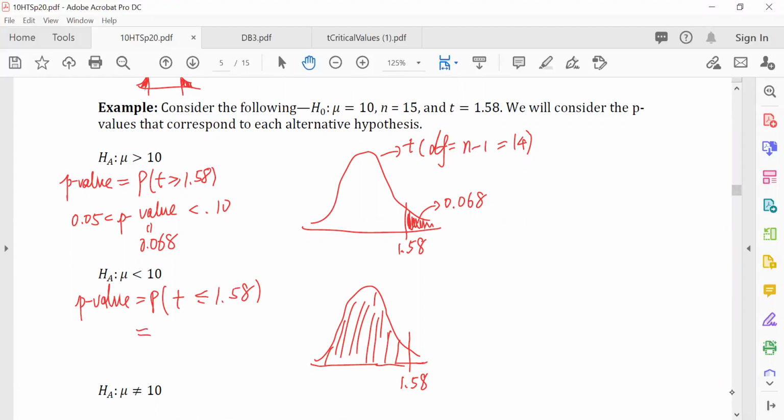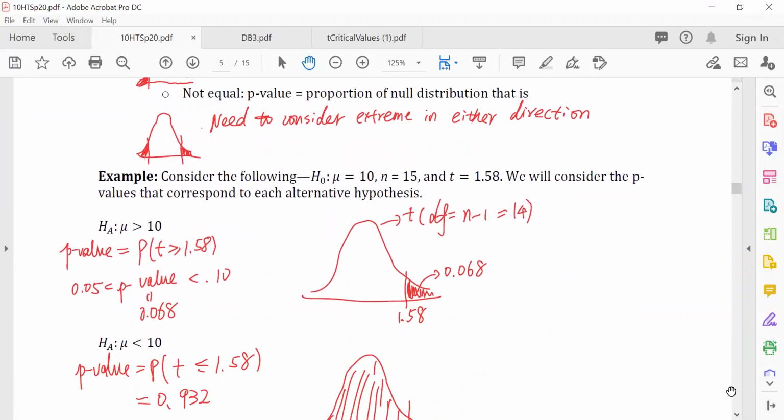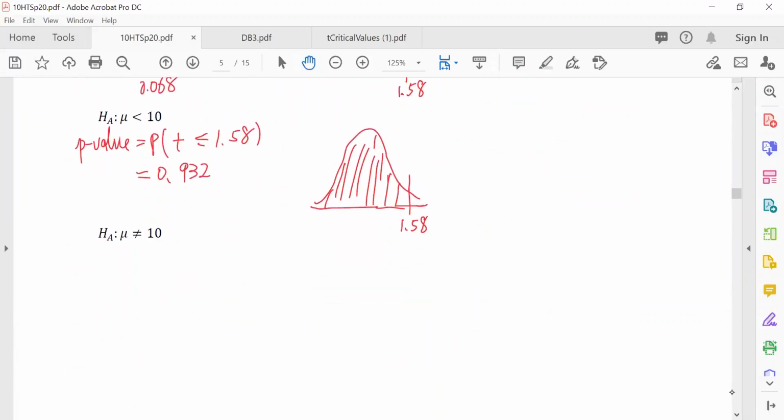And this is going to be 0.932. You can get it either using the StatCrunch again, or it's just 1 minus 0.068 here, right? So this is when your alternative hypothesis is a less than sign. Your p-value is the proportion of the null distribution that is less or equal to the test statistic.